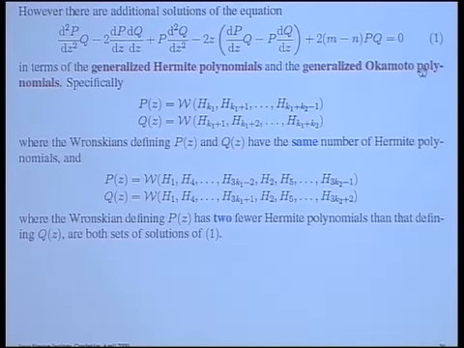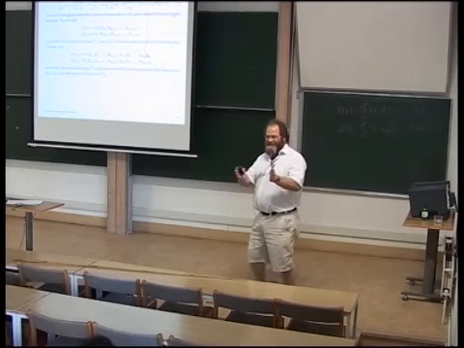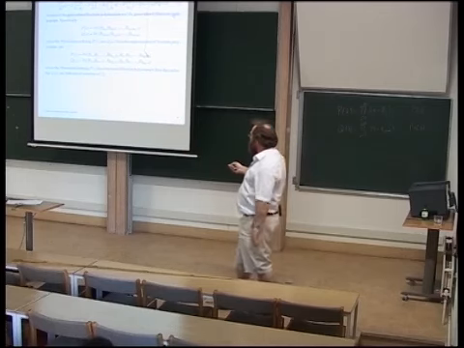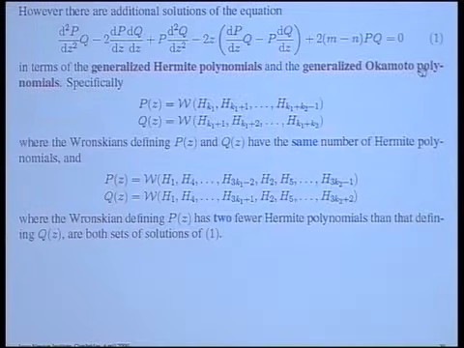It's got to be a specific sequence, and this is shifted, but they've both got this. So P and Q now have the same number, whereas in the theorem before they had to differ by 1. And for the generalized Okamoto, P has 2 fewer than Q. So there's a difference of 2, not 1.